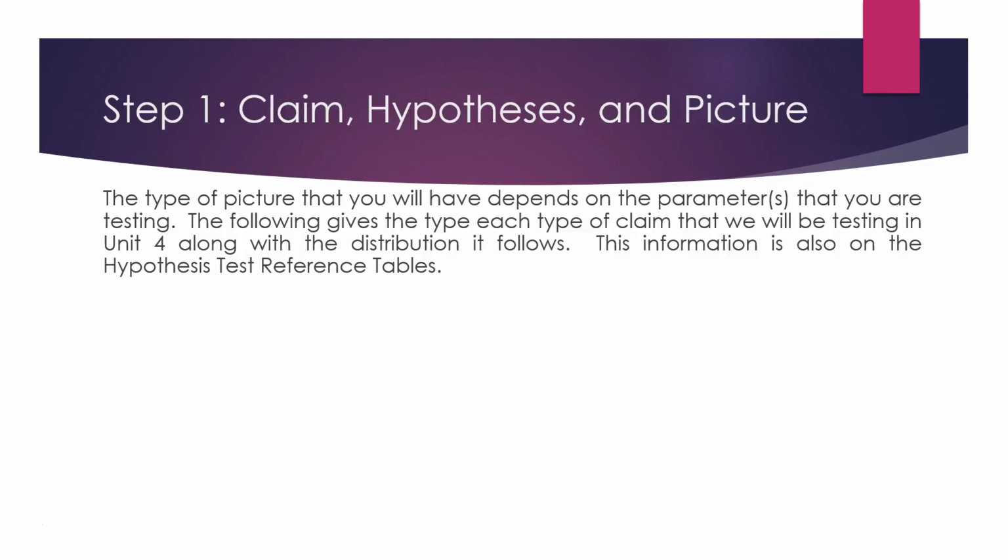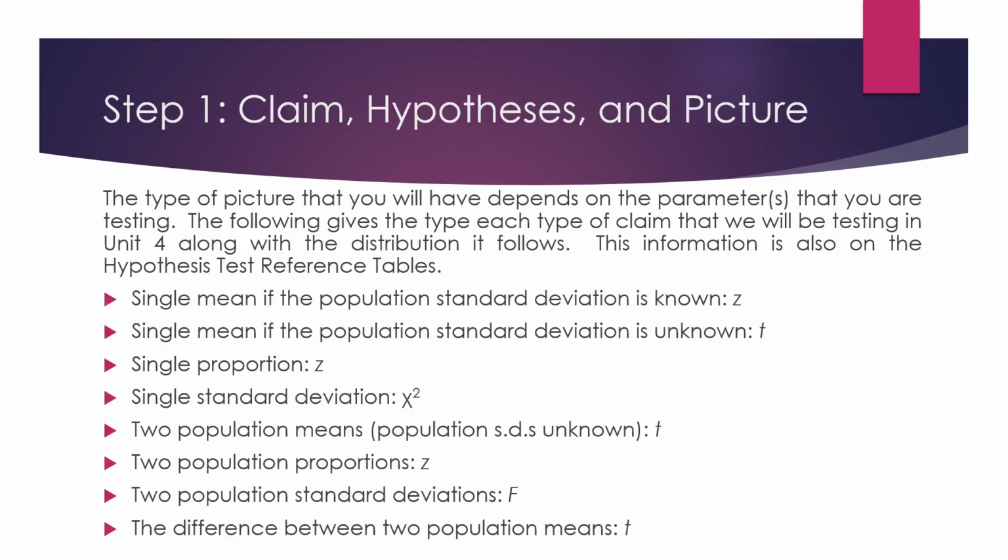So the same as we found with Unit 3, with Unit 4, the picture that we draw depends on the parameter. So when we had a single mean, if the population standard deviation was known, that's Z. If we have a single mean and the population standard deviation is unknown, that's going to follow the T distribution.